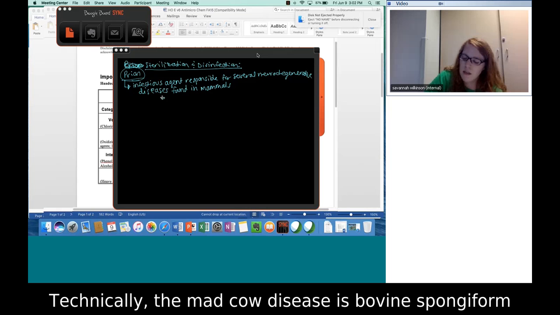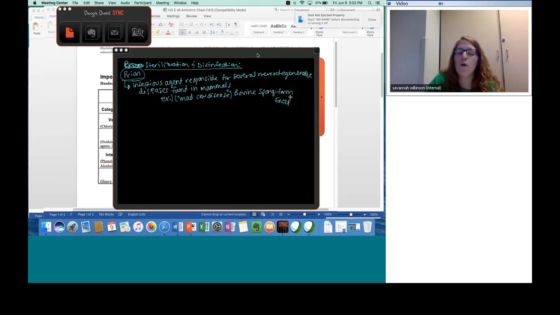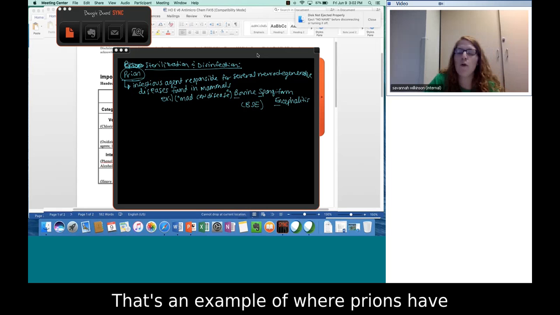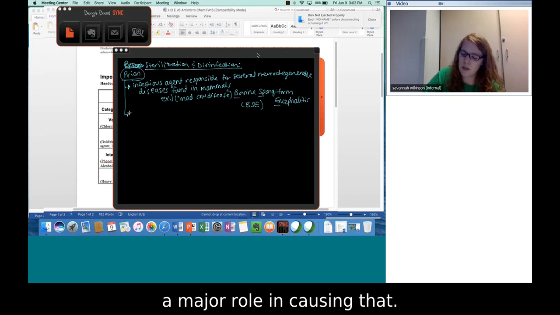Technically, mad cow disease is bovine spongiform encephalitis, BSE. That's an example of where prions have a major role in causing that.